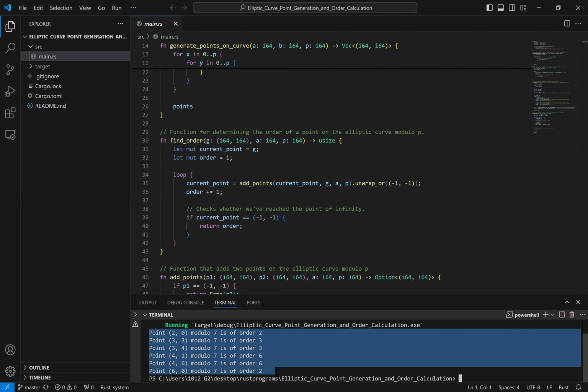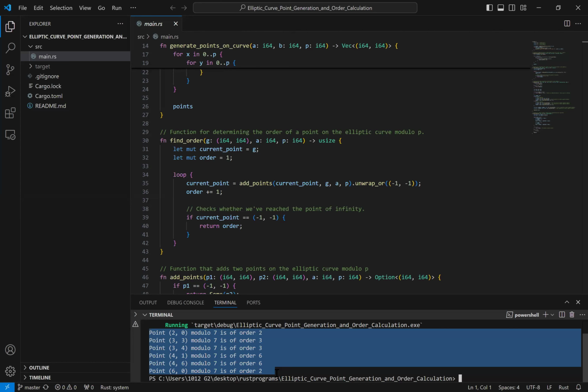Also, I wanted it, first of all, to generate all the points. After generating all the points, I want it to give me the orders of every point. So that is why it's long. Otherwise, it's supposed to be a very short code. If you are to give it a point, then you ask it to give you the order of that point.